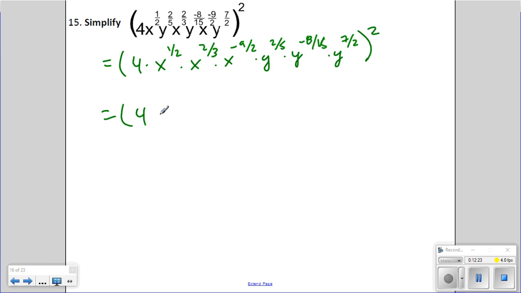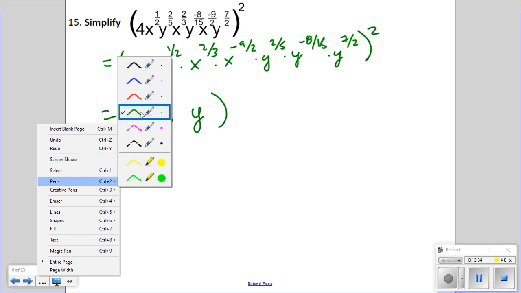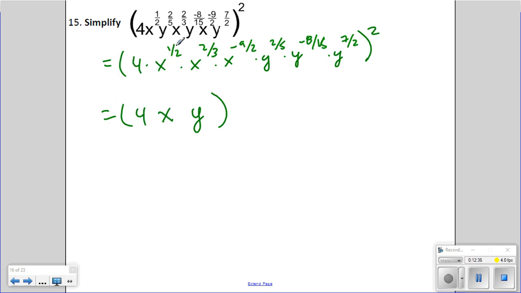So I know at the end of the day, I'm going to have x and I'm going to have y. I just need to figure out the powers. And again, when you're multiplying bases, powers add. So I need to take 1/2 plus 2/3 plus negative 9/2, and that result will come on top of my x.